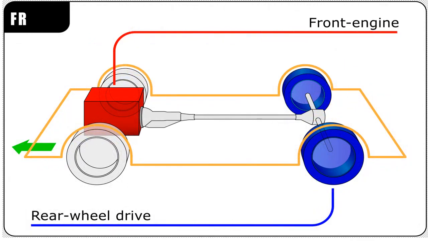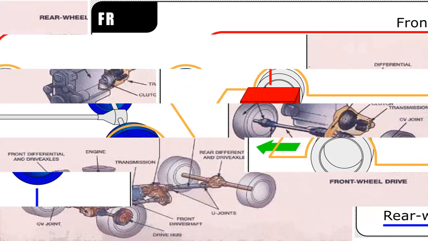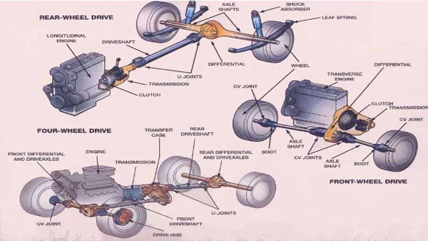In this figure, the rear driven wheel arrangement has the engine fitted on the front side of the vehicle. Rear wheel driven, front wheel driven and four wheel driven vehicle arrangements are shown in three-dimensional view in the figure.